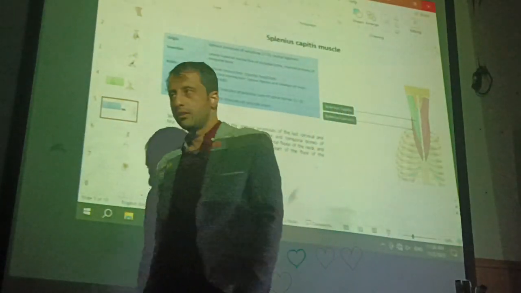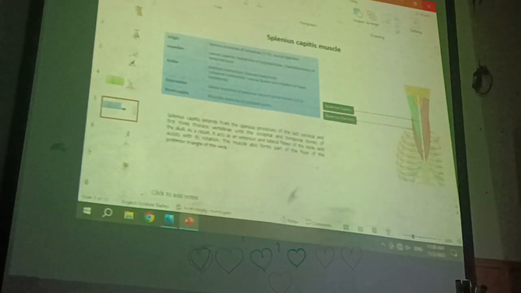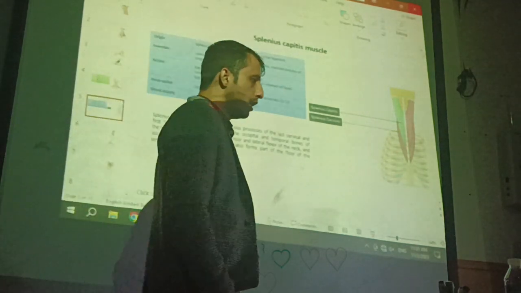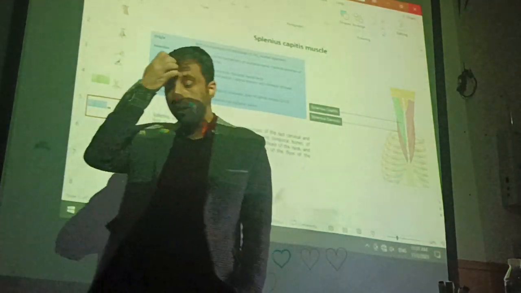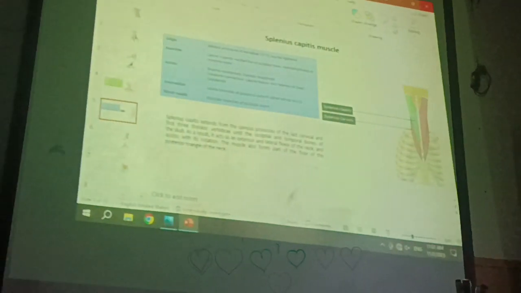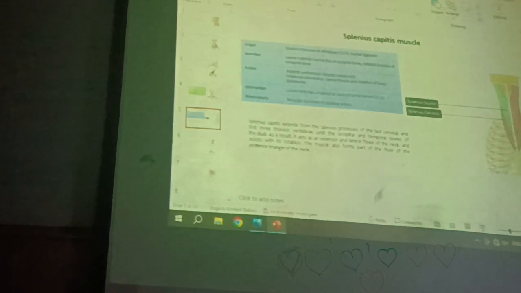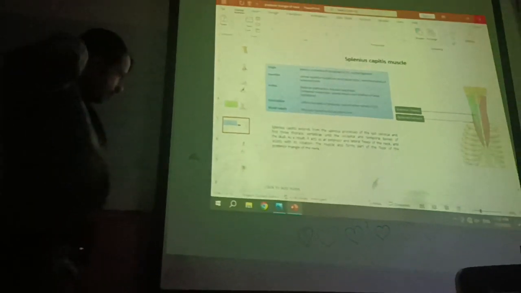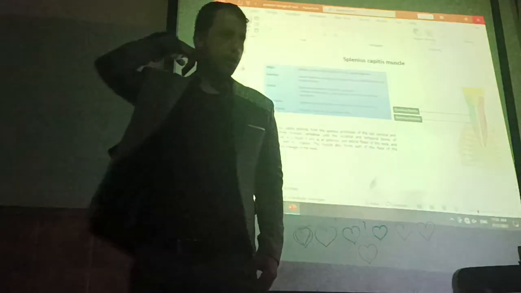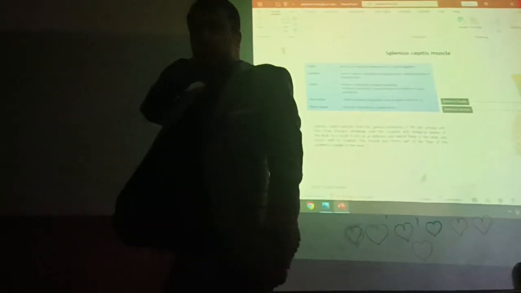Splenius capitis is located posterior to levator scapula. Splenius capitis originates from the nuchal ligament. The nuchal ligament connects the spinous processes of the cervical vertebrae together.